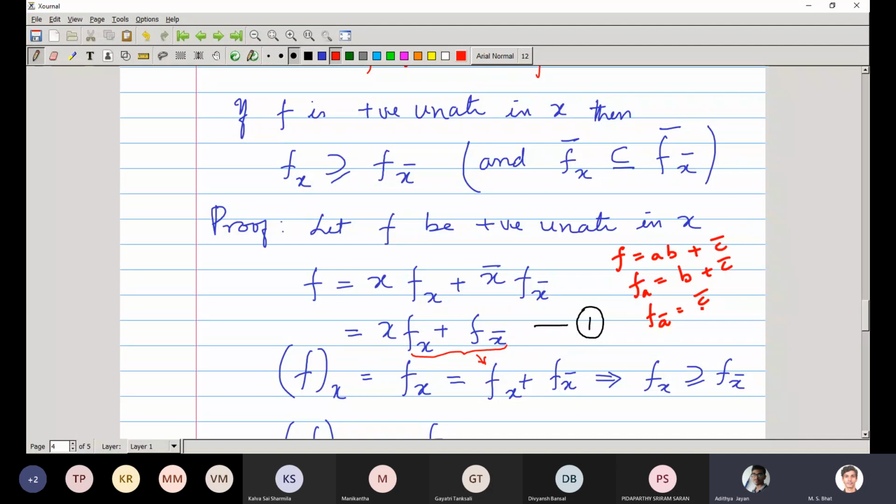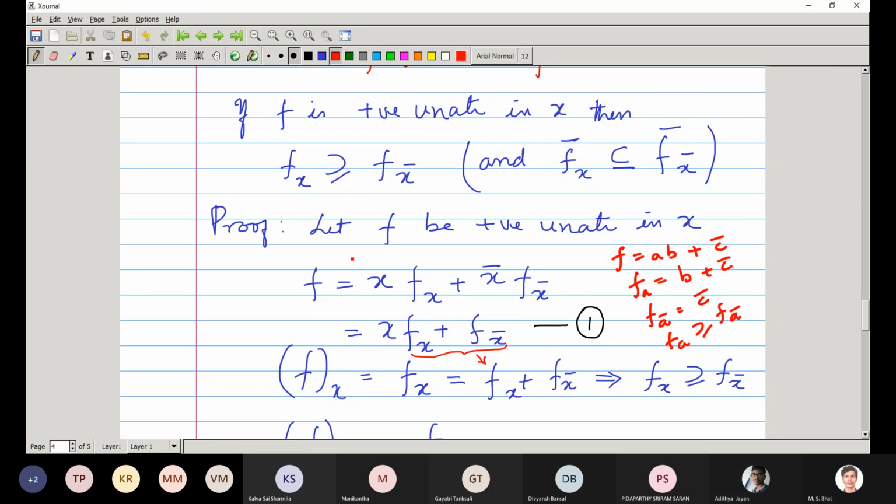So FA contains FA bar, because when you take the cofactor with respect to A bar, you get only terms which are not dependent on A. This is positive unate in A. So if F is positive unate in X, then Fx will contain Fx bar. This is one example. Is that fine? Yes, sir.